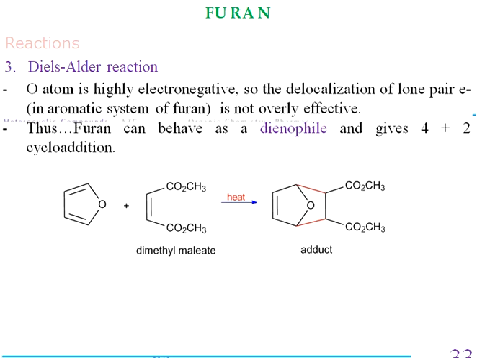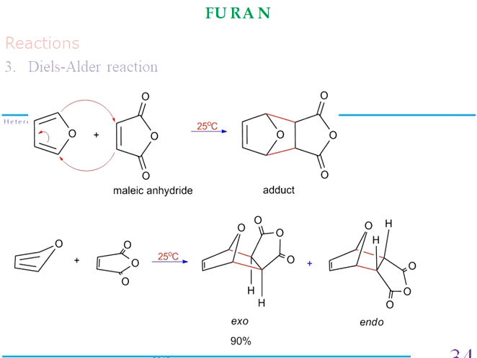So if we see the mechanism, you can see this carbon atom is attacking here, and this double bond is being cleaved, and this carbon will have a negative charge which will attack here. This is a single step process, everything happens in one step.